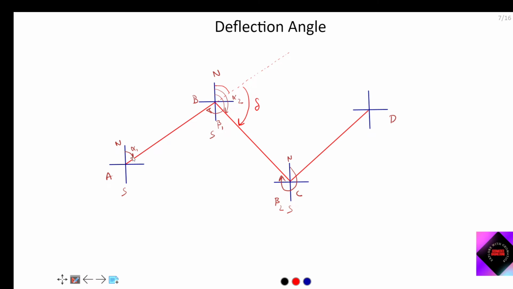If you remember from your 10th, alternate opposite angles are equal. Can you see alpha 1 here, and alpha 1 here also? So del will be alpha 2 minus alpha 1. In this way you can calculate the deflection angle anywhere. So this is about deflection angle, and in this way you can calculate horizontal angle with the help of compass survey.